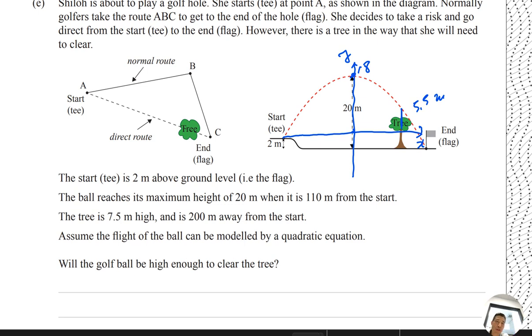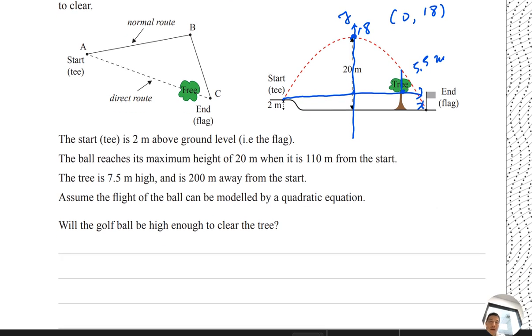So the question is, once you form that equation, when you plug in that x coordinate, what is the y value? Would that be greater than 5.5? Then it is good. If not, it's not good, right? From that equation, we are going to use this turning point, which is (0, 18). There is some more information here.